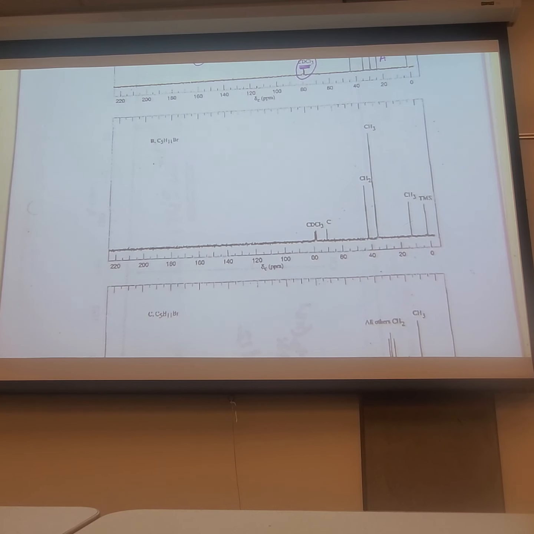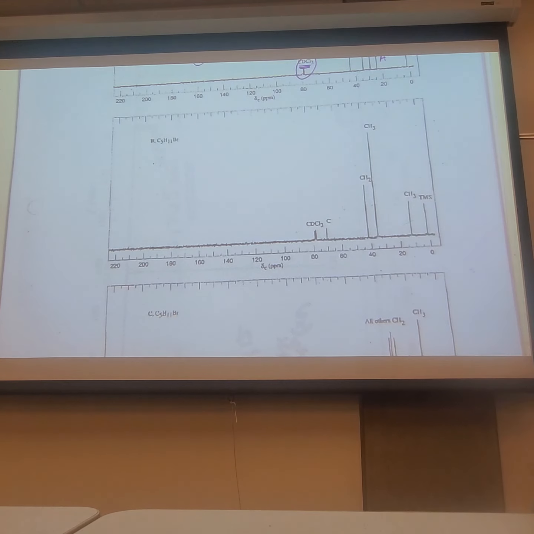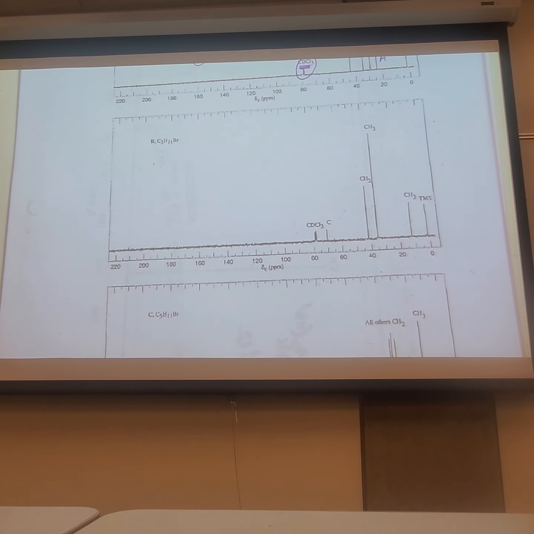Wait, there are 2 CH3s. 3 plus 3 is 6, plus 2 is 8, plus 3 is 11. Okay, so there are 11 hydrogens. So how many carbons did I use? 5 carbons, 11 hydrogens.